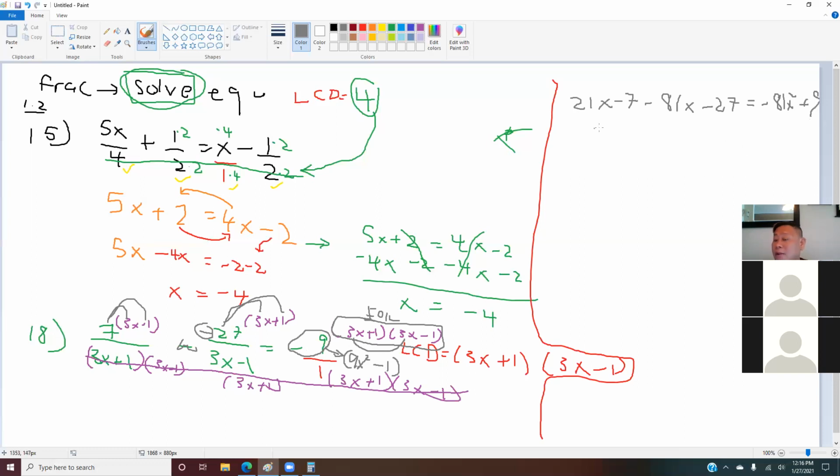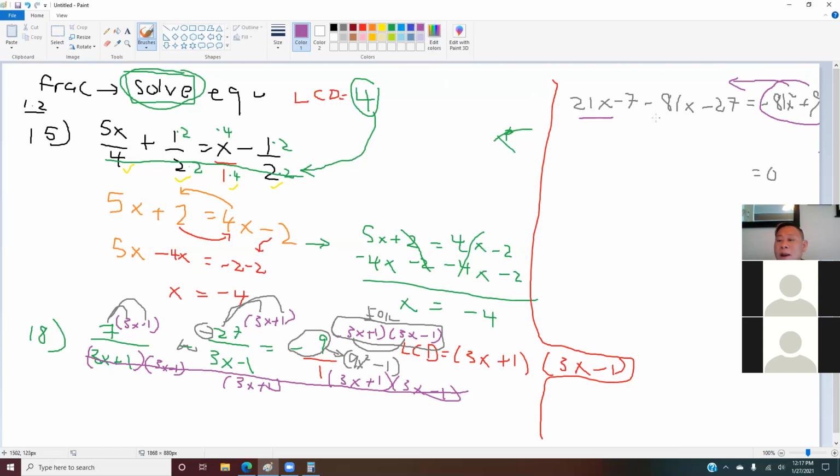Okay. For this kind of question, because this is a quadratic, you have to make this equal to 0 and solve it. So what I do here is move all this to that side because it's a negative. When you move, it becomes positive. So I'm going to combine like terms here.